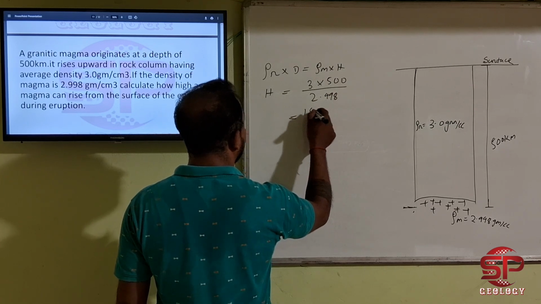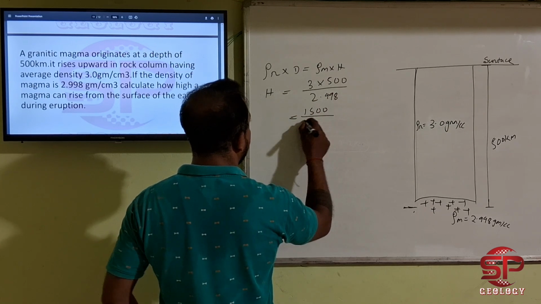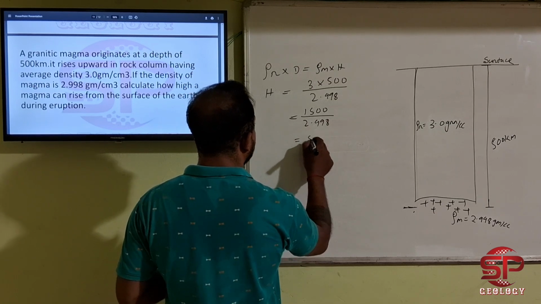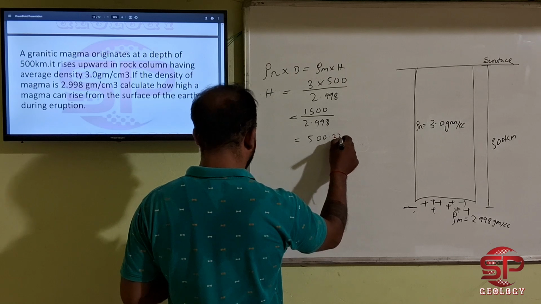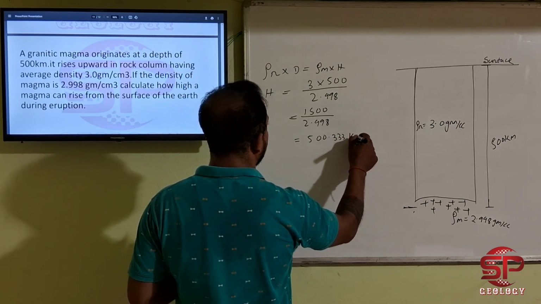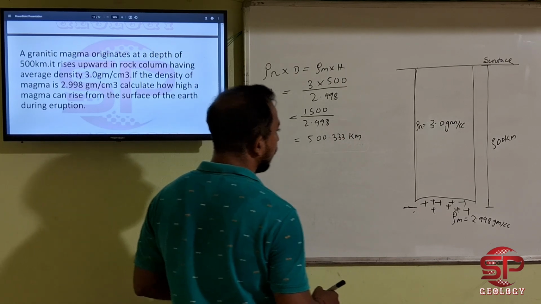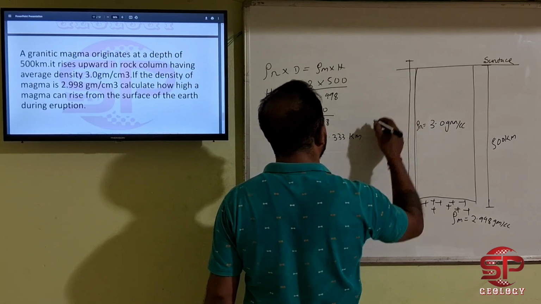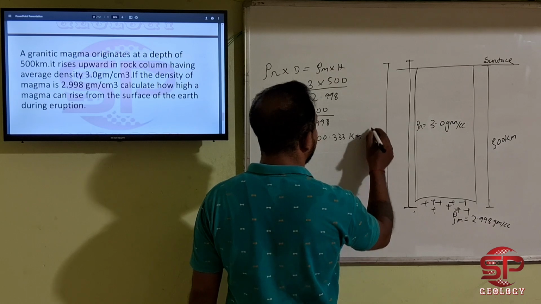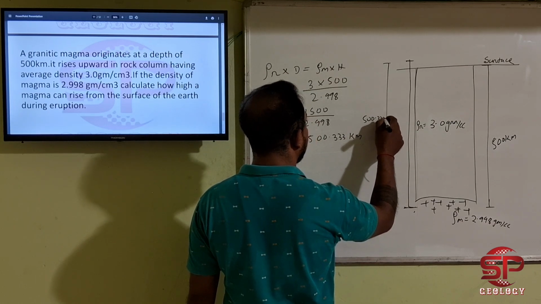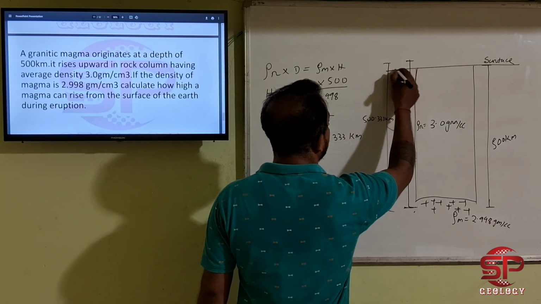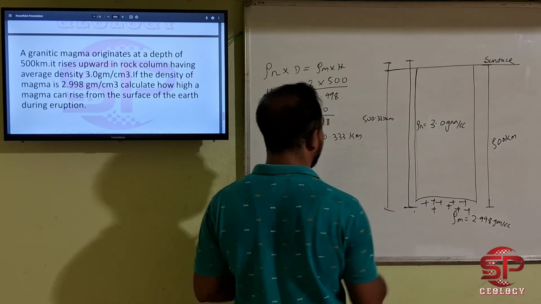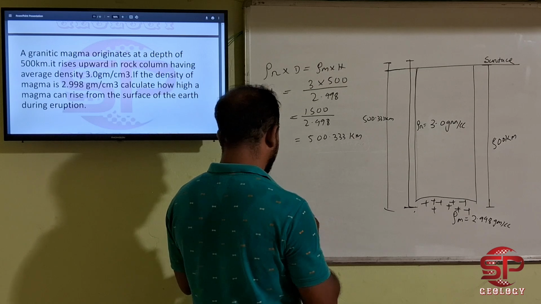So it will be 1500 divided by 2.998, which is 500.333 kilometer. So magma will rise this much height. To find how much it will rise from the surface, you have to subtract 500 kilometer depth.